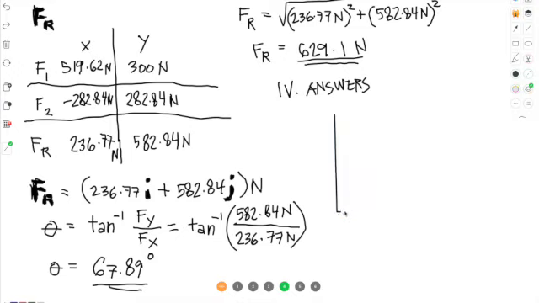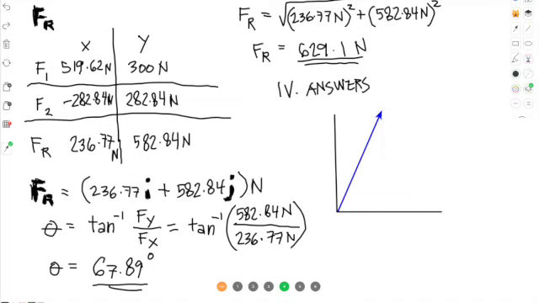So let's draw a quadrant here, which is the positive axis, and this is our vector. So it's about 67.89 degrees. So let's try to be realistic here. So it's somewhere going here, right?